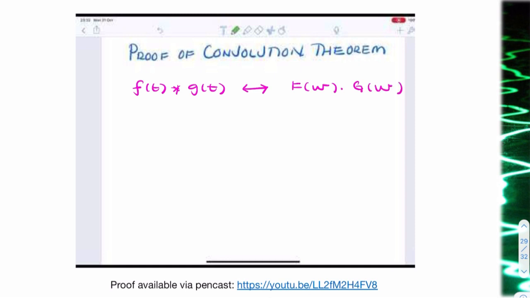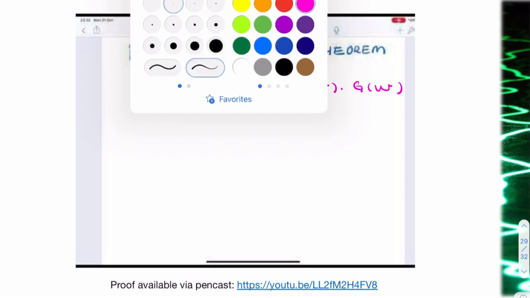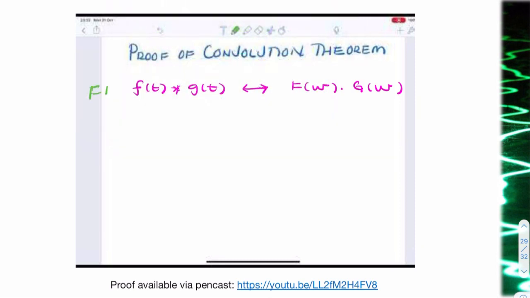So this is the thing I asked you to do for homework, and you can look it up in any textbook, or you can watch this video here, or I'll try to go through it now. So instead of writing that, I will write this as a Fourier transform.